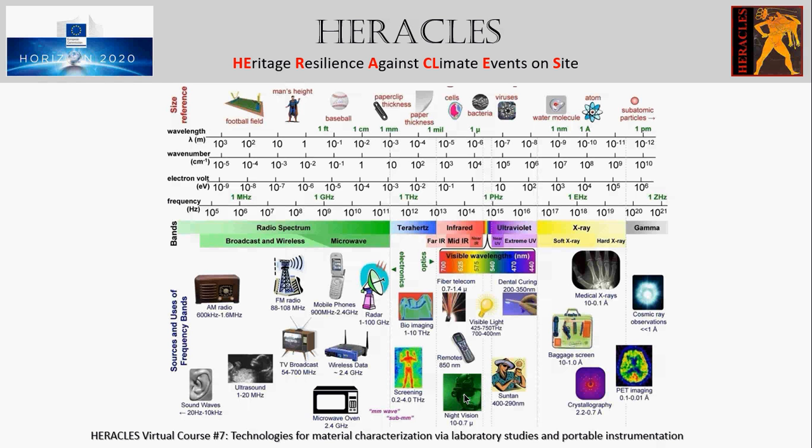In every technique, we usually need an emitter and the receiver, and in the middle we will put an object that we want to study. So in this case we will need a source for X-rays, and we will need a detector of the interference that these X-rays produce with the object.